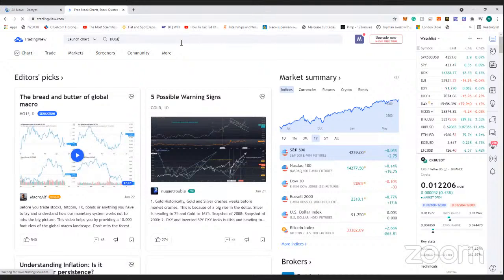Now, for those of you who don't know the history of Dogecoin, it started off as a meme. It was started by two co-founders. The first co-founder left to continue with other stuff, and now the other co-founder is still leading the Dogecoin community.